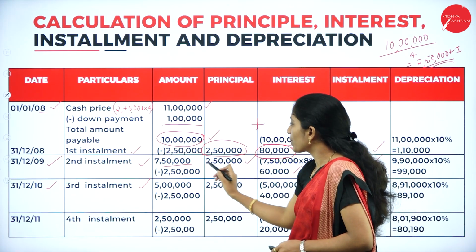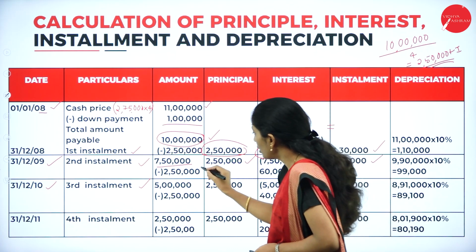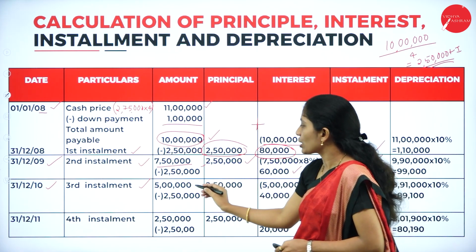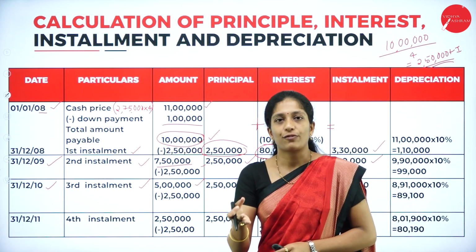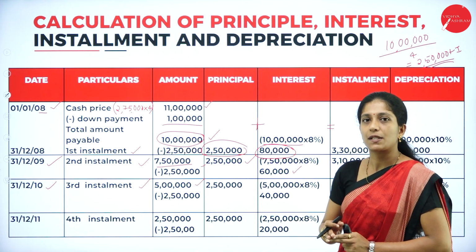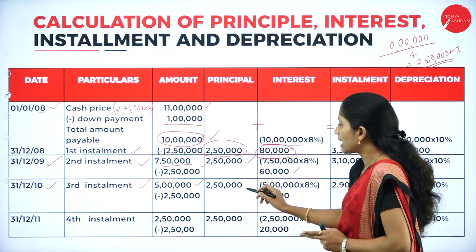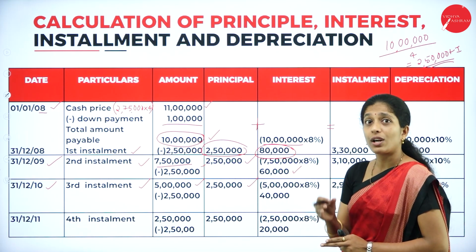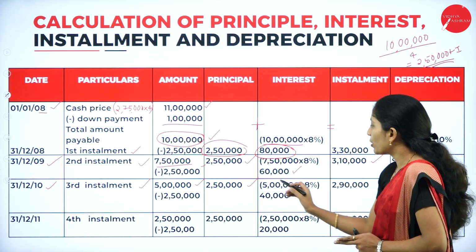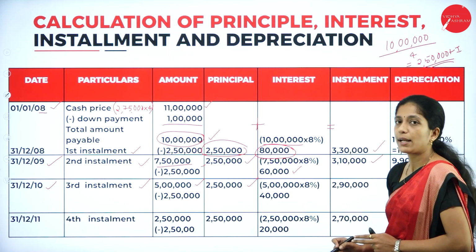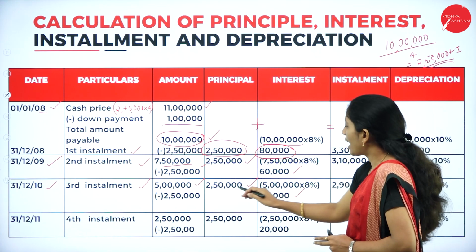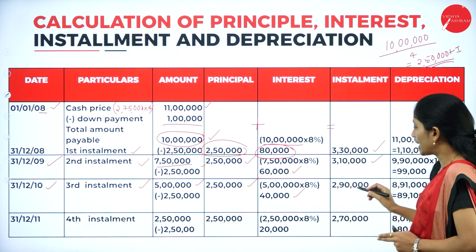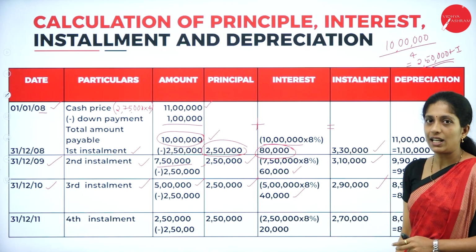So 7,50,000 minus 2,50,000, we'll get 5 lakh. So in the third year, the amount payable is 5 lakh. Now let us see the principal amount. The principal amount remains the same, 2,50,000. What is the interest? The amount payable is 5 lakh into 8% interest, so we'll get 40,000. Add 2,50,000 plus 40,000 and we'll get the third year installment amount.